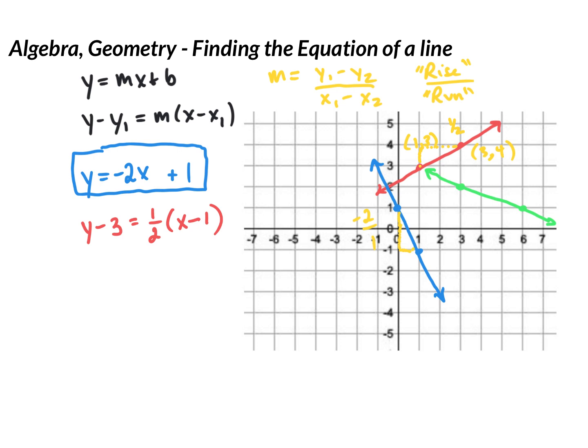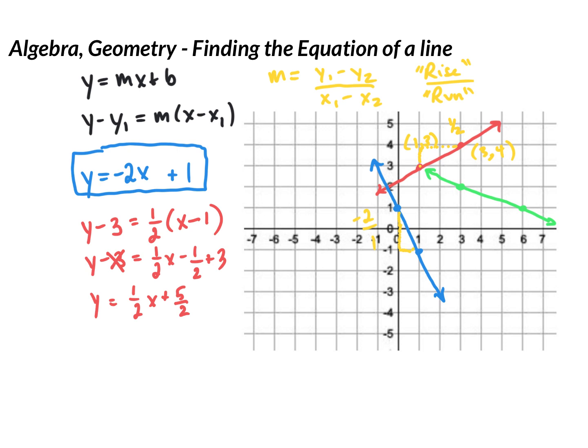If you'd like to actually clean this up and have a y equals, it's easy enough to do. You just distribute the 1/2, and then you could add the 3 to the other side, and we could get a common denominator of 2, so it would be negative 1/2 plus 6 halves, so plus 5 halves, like that.